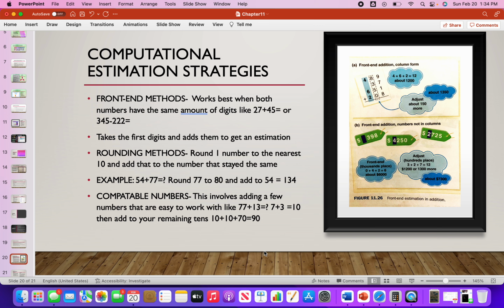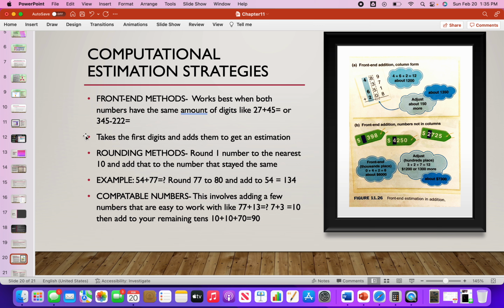So some of those strategies, the front end method works best when both numbers have the same amount of digits. So like 27 and 45 both have 2 and 2, as you see. Or 345 minus 222, both of them have 3 digits.